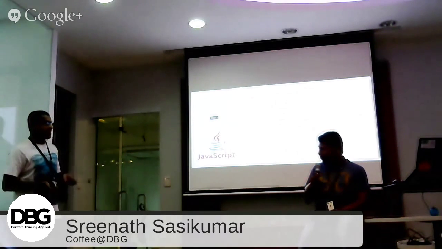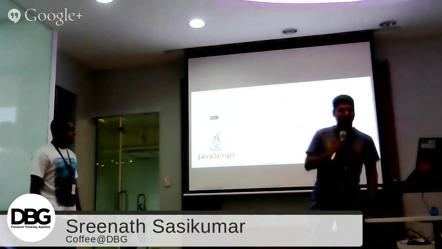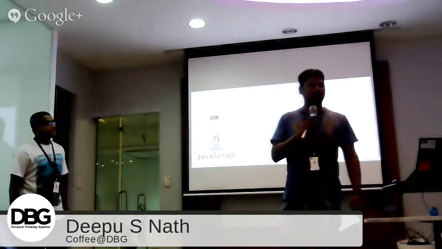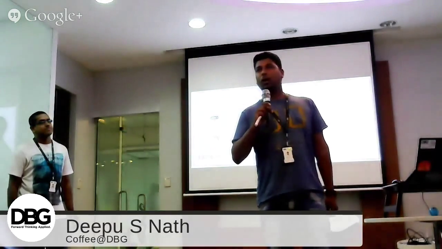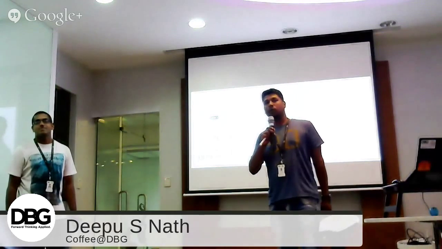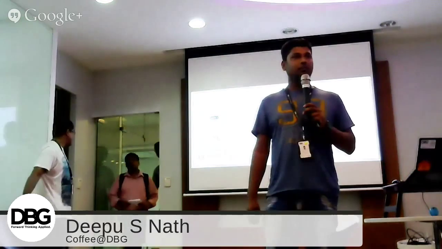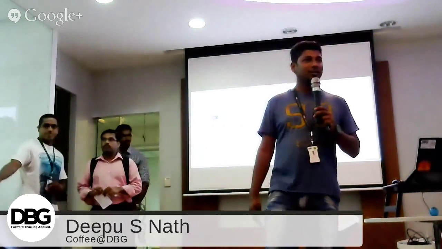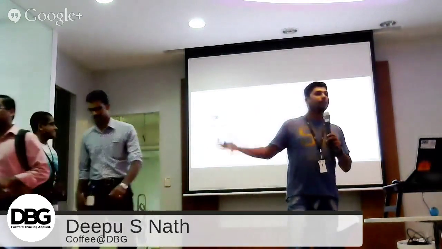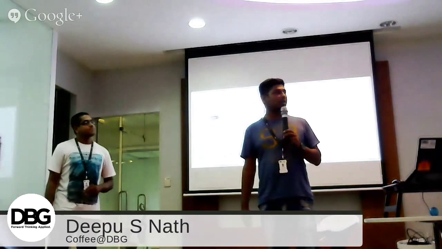What happens inside it? We have been using browsers since long, since we started using the internet. So how many of you know what a browser architecture is? What are all the components of a browser? There are a lot of browsers, right? So everything has something in common. What are they?